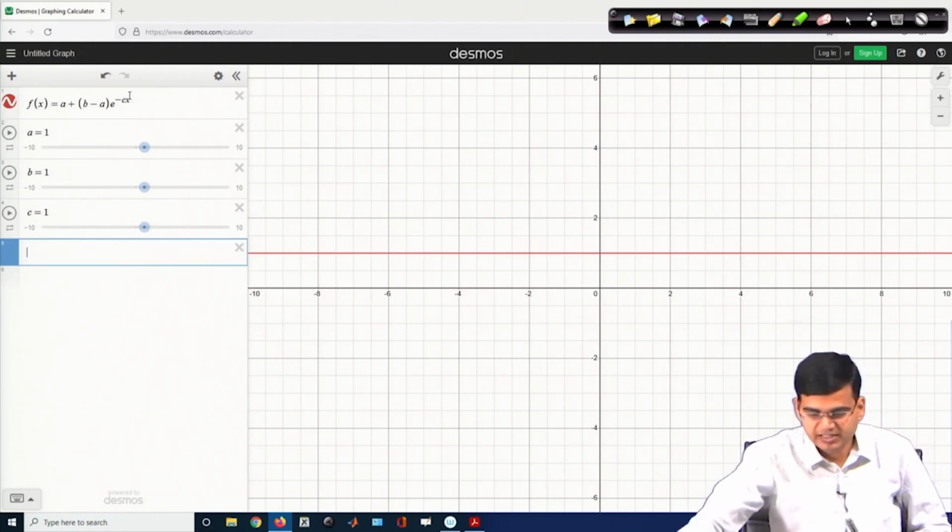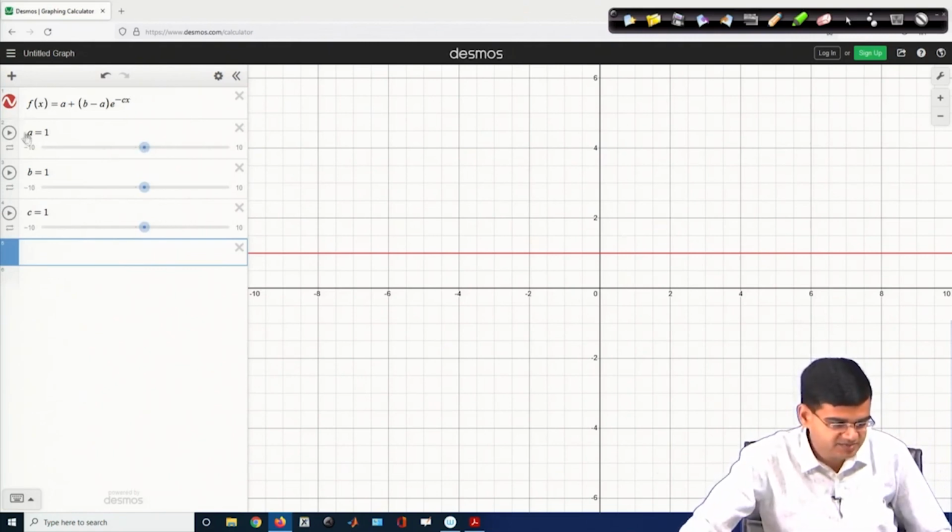This is the equation, and let me tweak around these parameters.